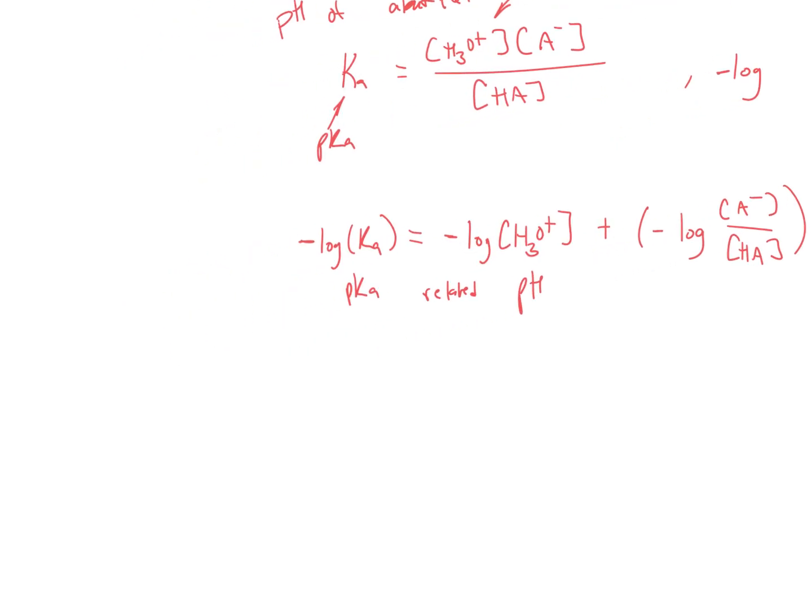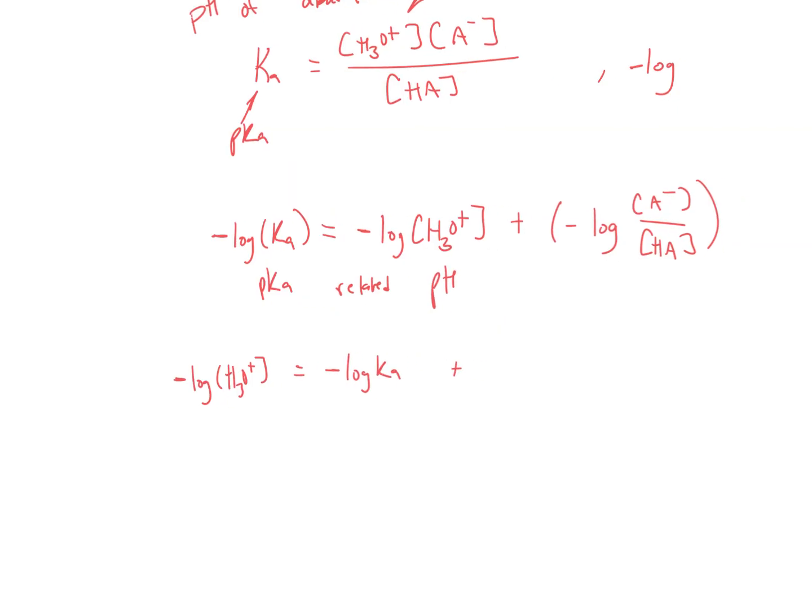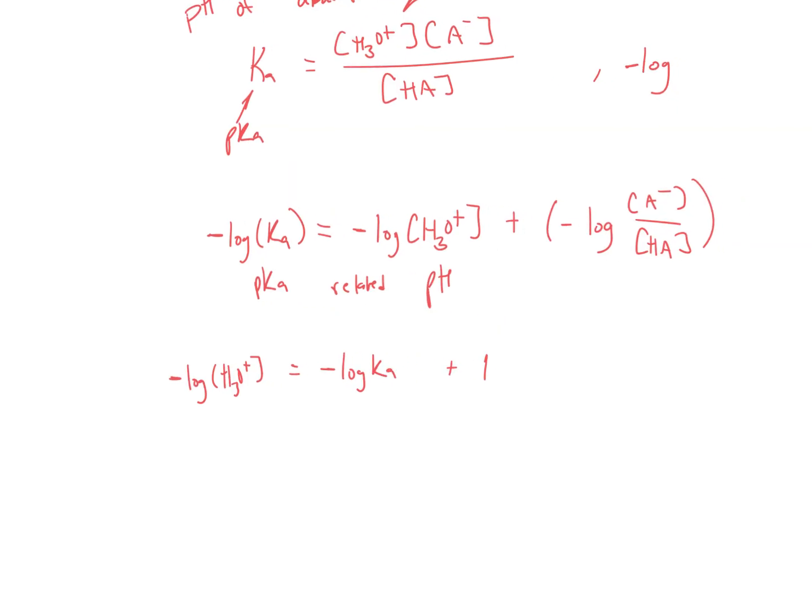And so let's rearrange. Minus log concentration of H3O+ is equal to minus log of Ka plus the log of the concentration of A- over the concentration of HA.